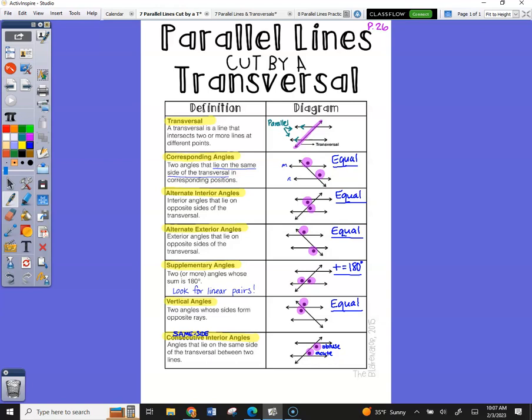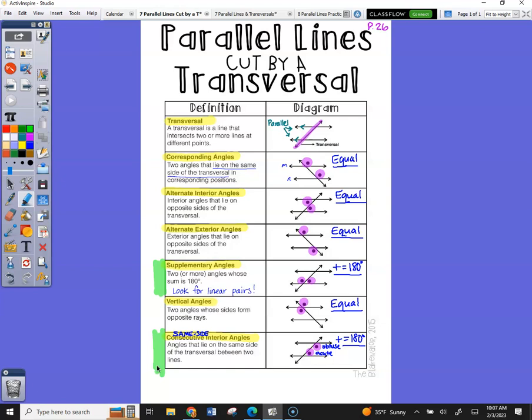And then same side interior angles, add to equal 180. So these two are the only ones you have to be careful. They add to equal 180. They don't actually equal each other.